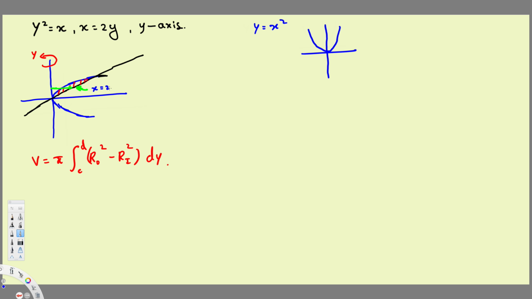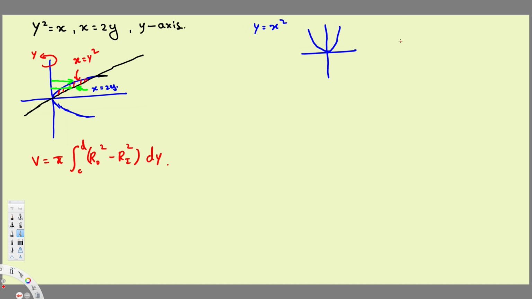This is x equals 2y, and the inner radius is whenever the line touches first. So here the inner radius is the function of this graph, that is y squared equals x. We can write x equals y squared, both the same thing. Here we need everything in terms of y, and x is already in terms of y, so we don't have to change anything.